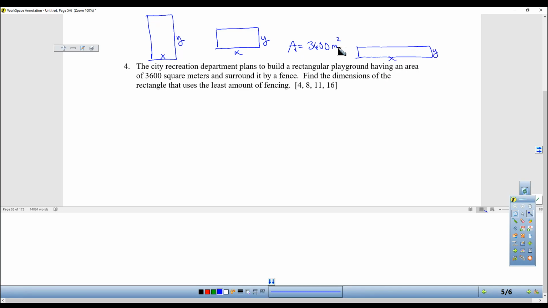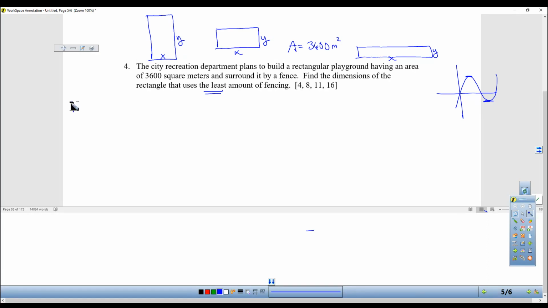But you've got to buy fencing, and you want to use the minimum amount of fencing. So fortunately, we know that derivatives find, when you set them equal to 0, both the max and the minimum. So we're going to get both answers, and then it's just our job to figure out which one is actually the minimum, since we're trying to use the least amount of fencing, not the most amount of fencing.